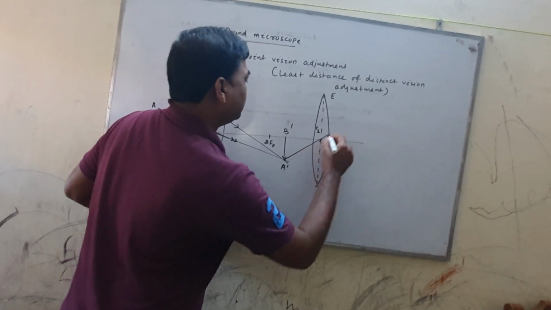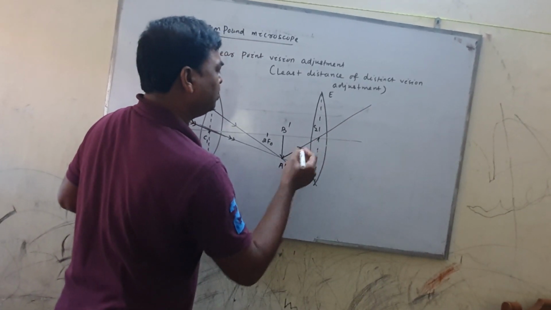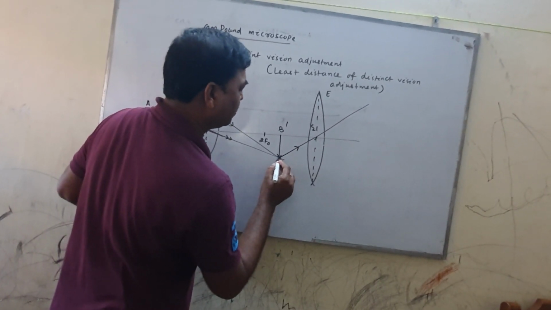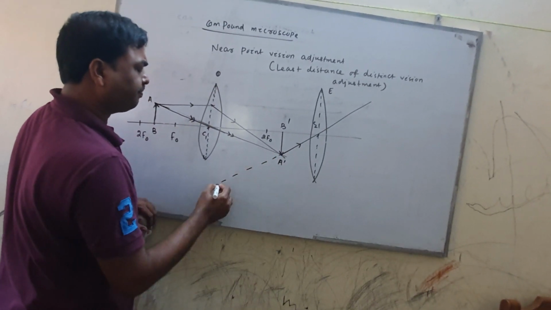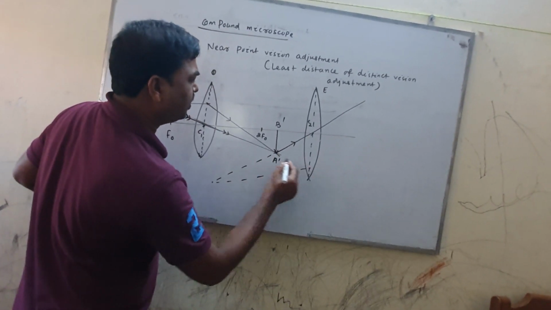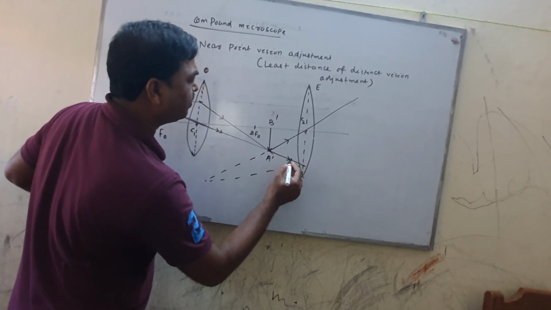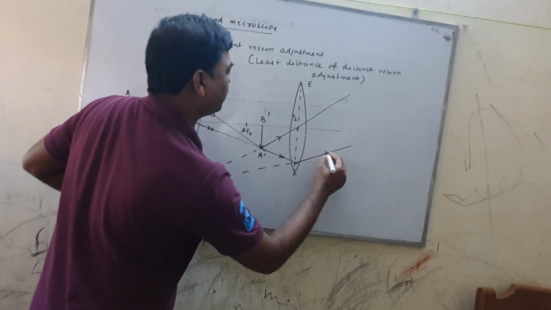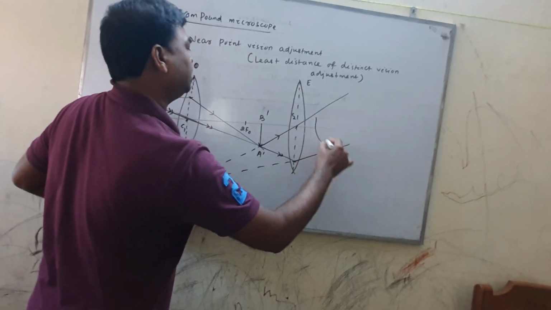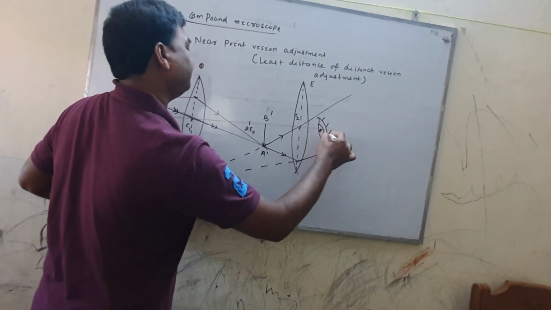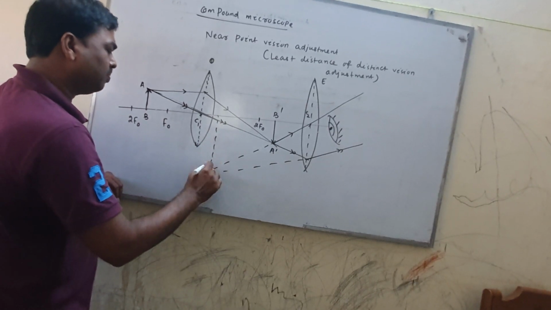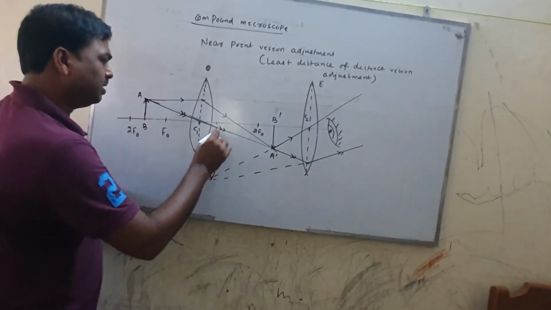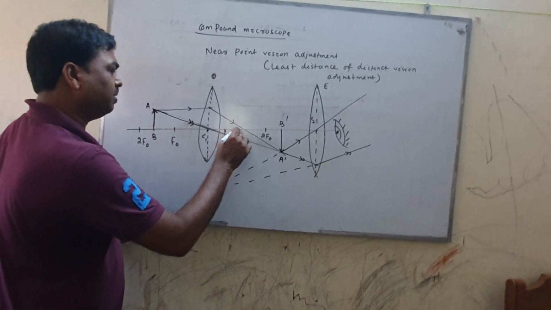One ray passes through the optical center and goes undeviated, another also goes like this. This is an eye. Say the final image is formed at near point. This is the near point, A double dash, and this is B double dash.